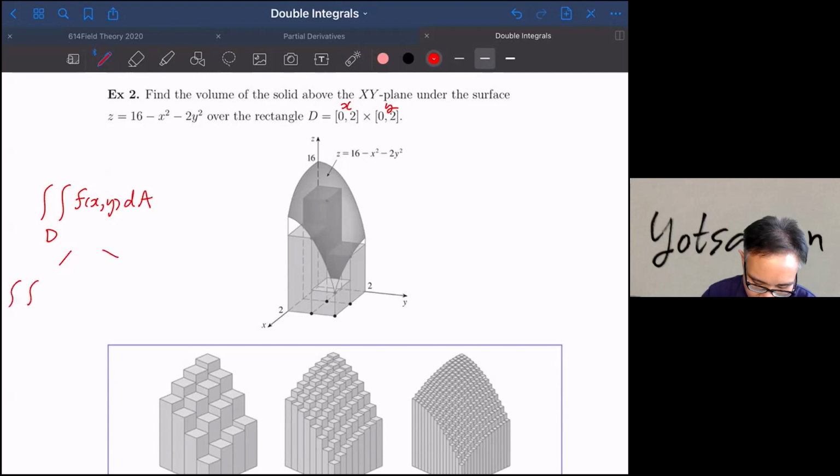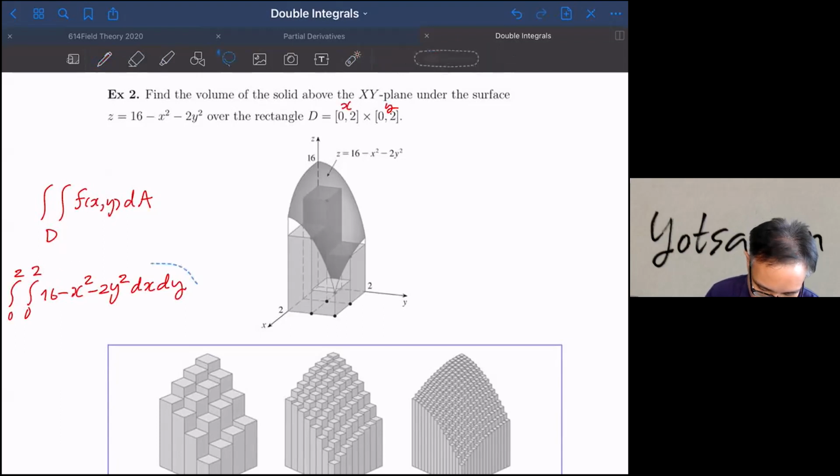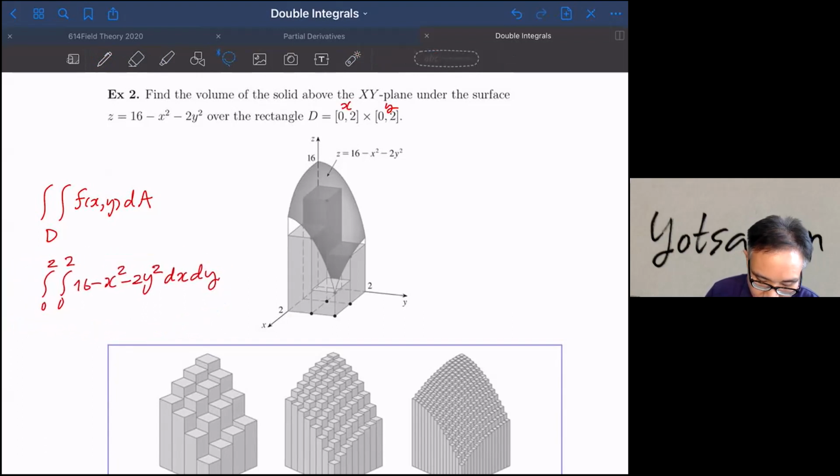It's going to be the double integral from 0 to 2, 0 to 2 of your surface, which is 16 minus x squared minus 2y squared, with dx dy. For this one, let me choose. This can be transformed into this integral.